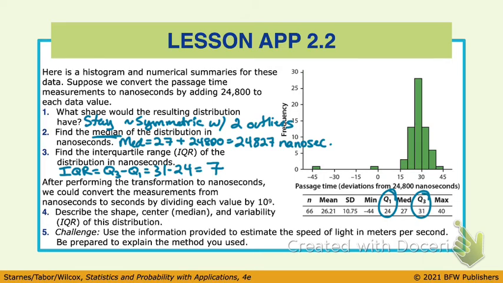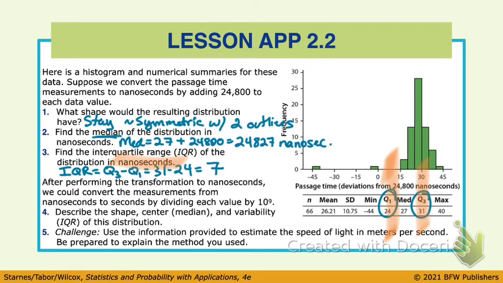So if I convert to nanoseconds, because that's what it asks us to do here, then I would need to add 24,800. The thing is that if I add 24,800 to quartile 3, and I add 24,800 to quartile 1, when I do the subtraction, I'm basically taking off the 24,800 from both.